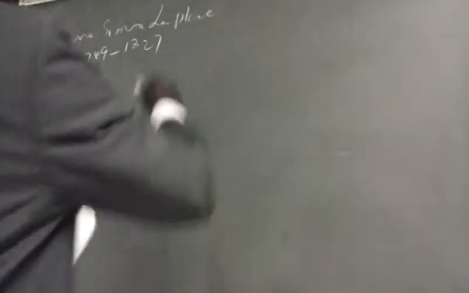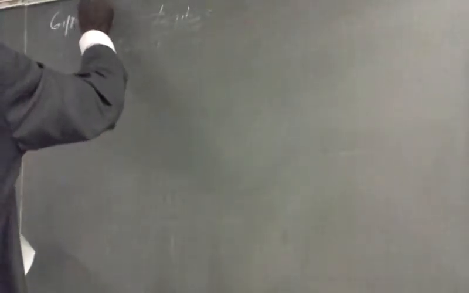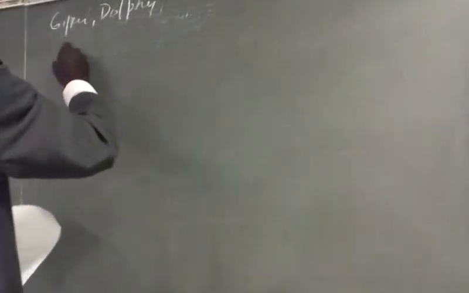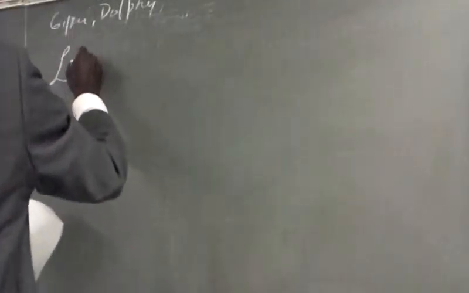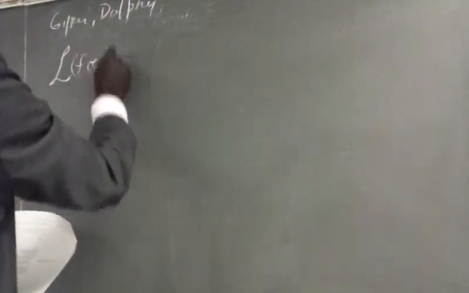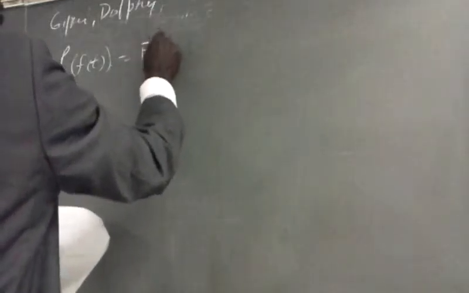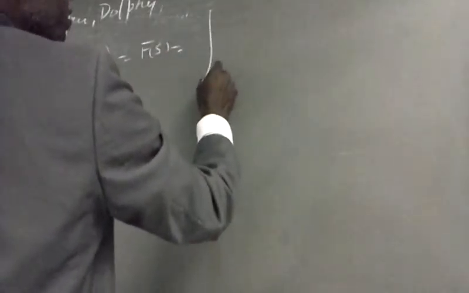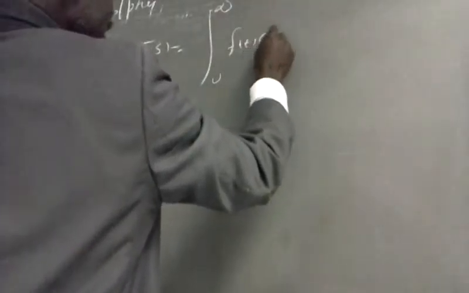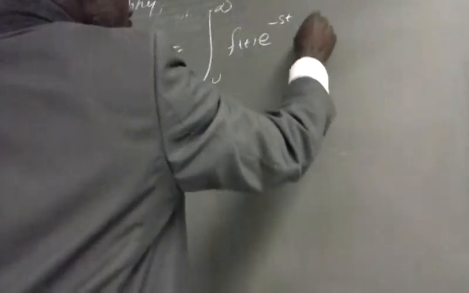Alright, so let's get into it by the definition. We say that the definition of the Laplace transform, the symbol, the Laplace transform of f of t, some function f of t, is equal to, say, F of s, is equal to the integral from 0 to infinity of f of t e to the minus st dt.